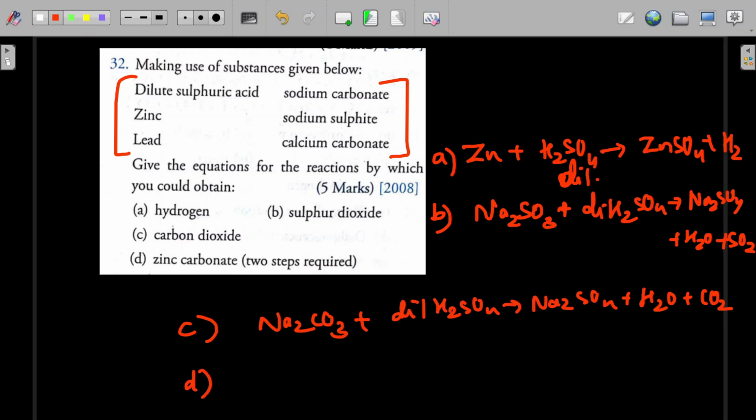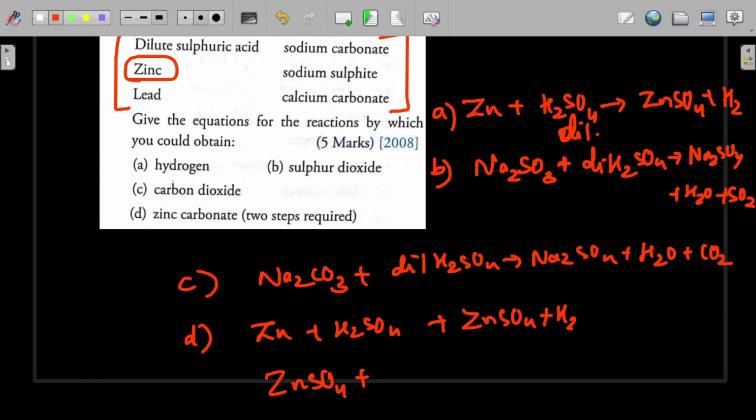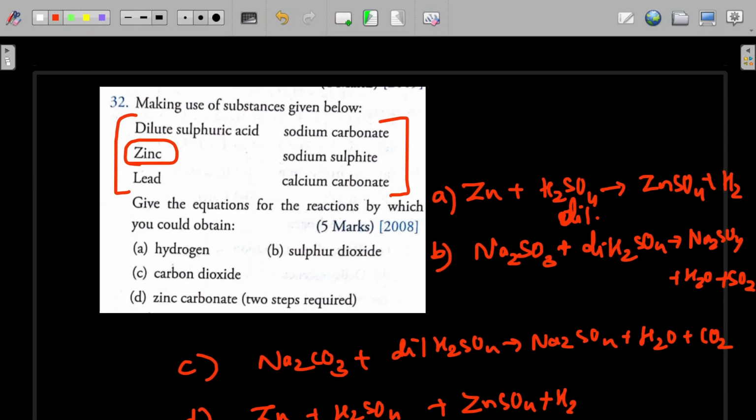And D, zinc carbonate, two steps required. Again, based on whatever is available. So zinc carbonate you want to get means first of all you have to select zinc, then treat it with H2SO4. What will you get? ZnSO4. That is the right first step. Then next, that plus H2CO3. But H2CO3 is not given here. Then sodium carbonate.